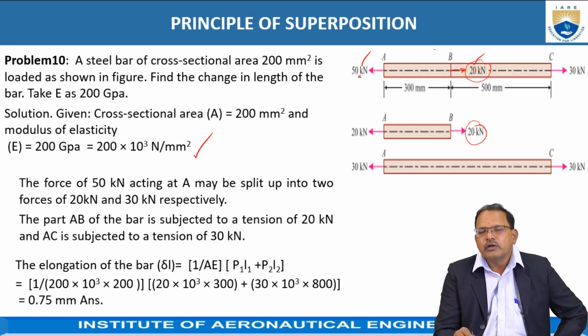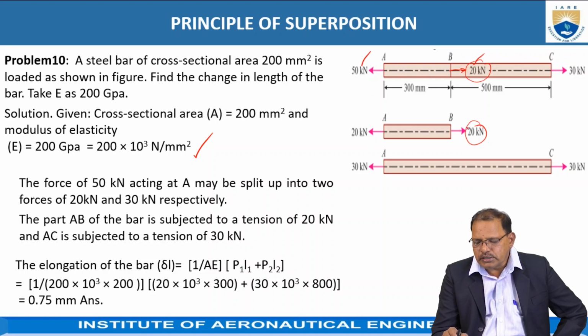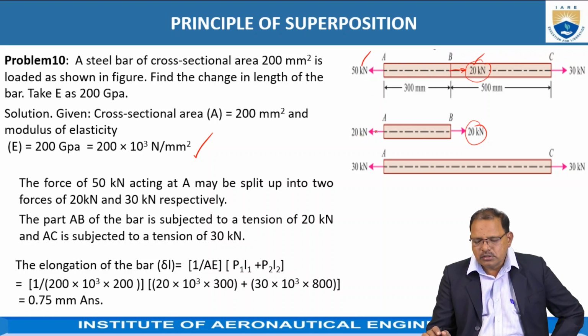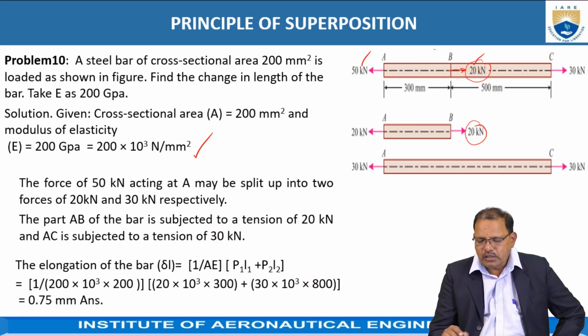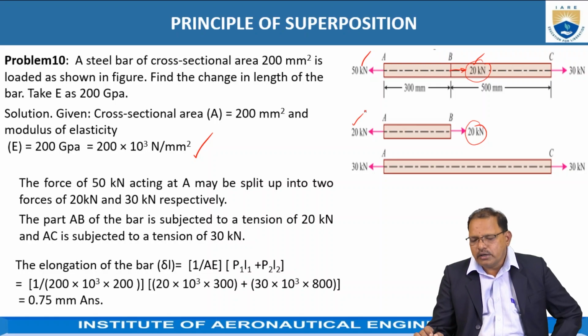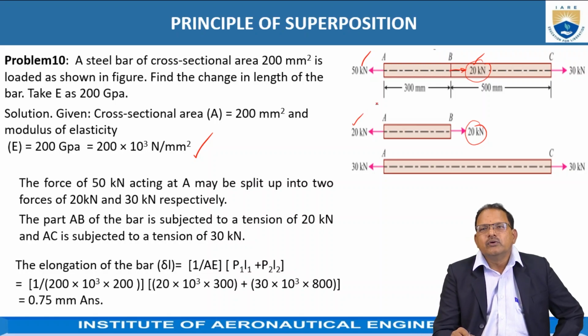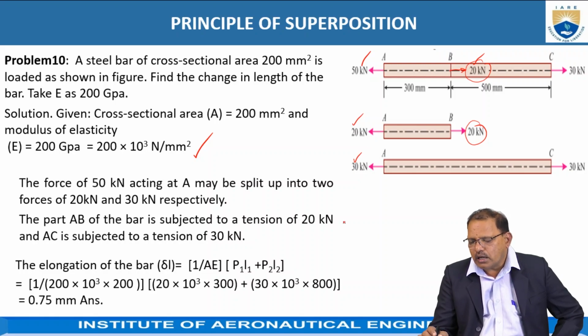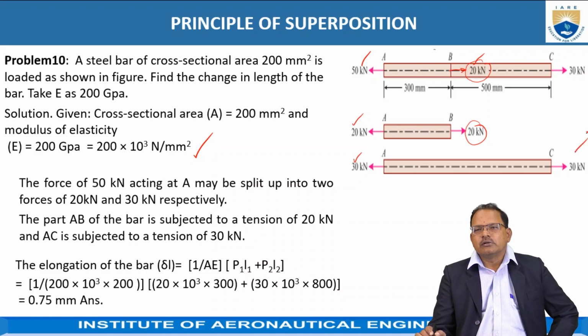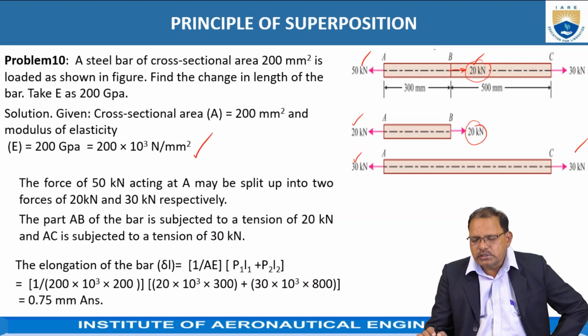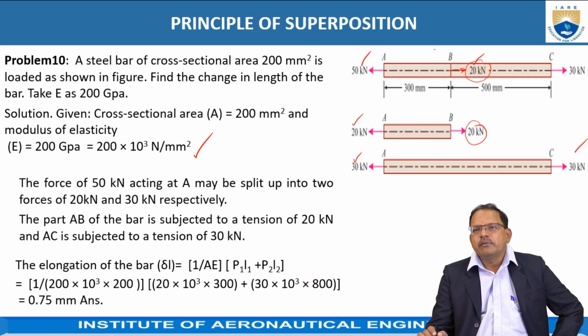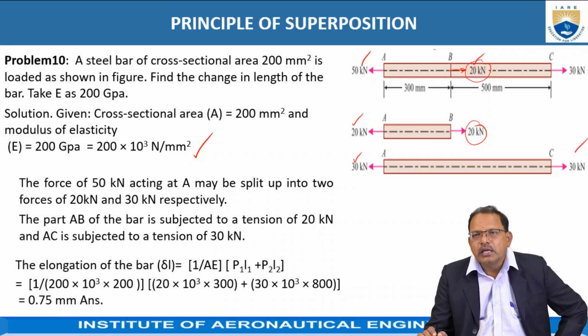That means the 50 kilonewton is there. And splitting is nothing but 20 and 20, because in order to produce these stresses on both sides, the forces should be the same. Hence, I am taking 20 and 20. The remaining 30 load is there. I am keeping here 30 at A, and the remaining 30 is already there at the C position. That means here I am considering two sections. One is representing AB and one more is representing AC.